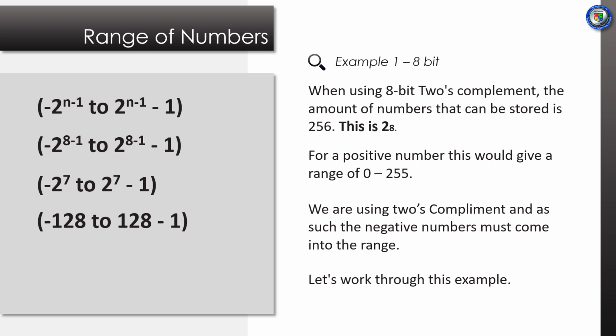As we know, negative 2 to the 7 is negative 128, to 2 to the 7, which is a positive number, 128, minus 1, which gives us our final range of negative 128 to 127. This range will include 0.